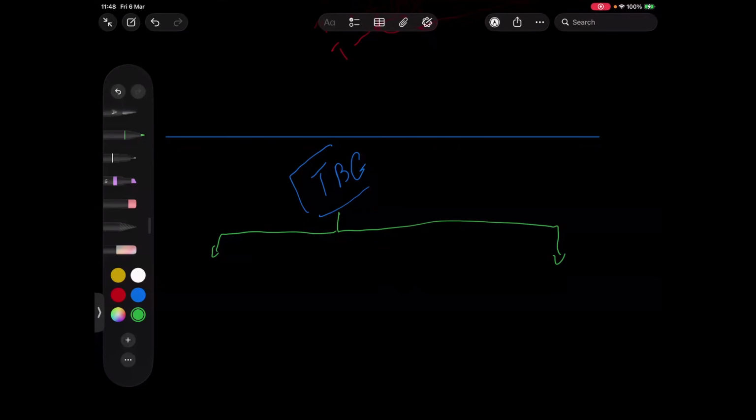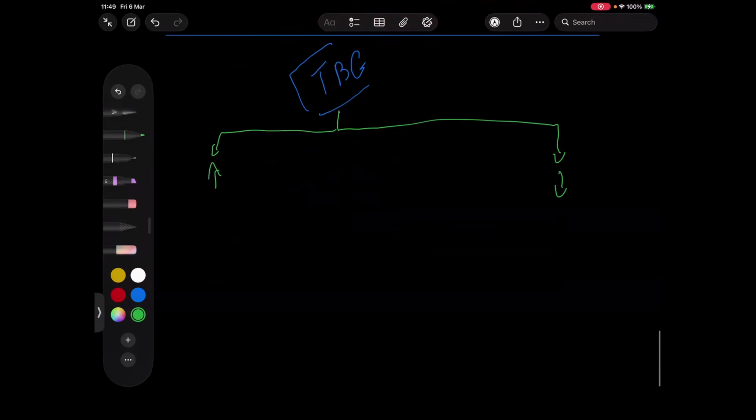As usual, high and low. If TBG is high, I need you to remember the next thing: what's going to happen to your T3 and T4?